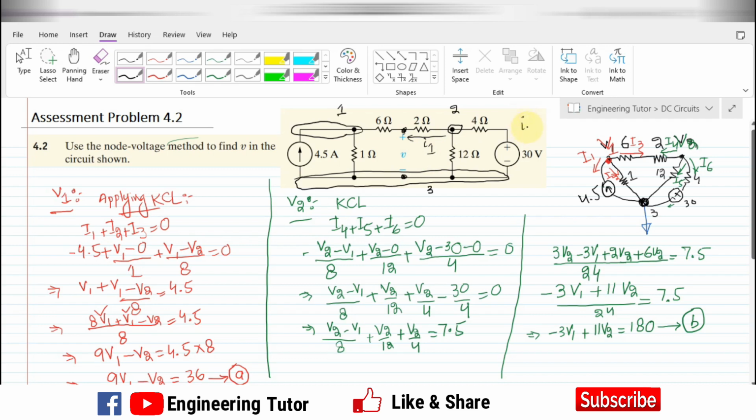So the value of I1 is equal to (V2 minus V1) divided by 8. The value of V2 is 18 and the value of V1 is 6, divided by 8. So it will be equal to 18 minus 6 is 12 divided by 8, and this is equal to 1.5 amperes.